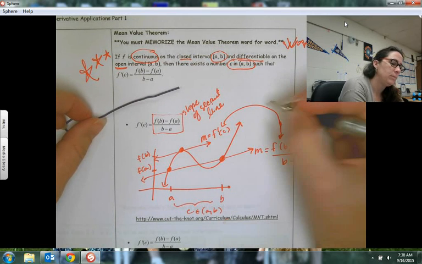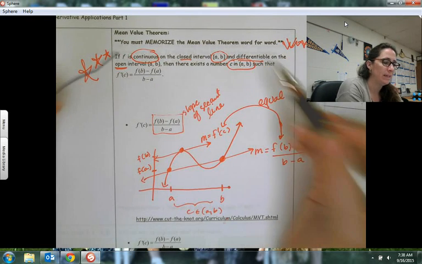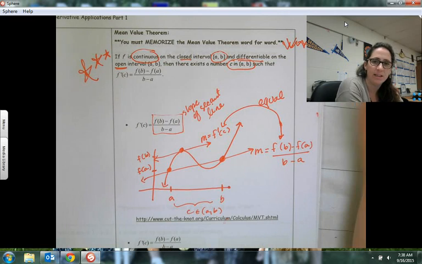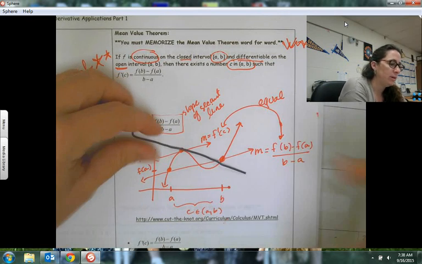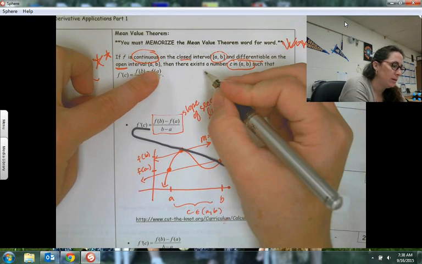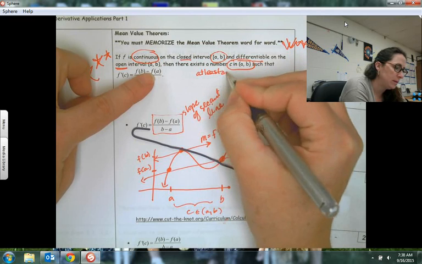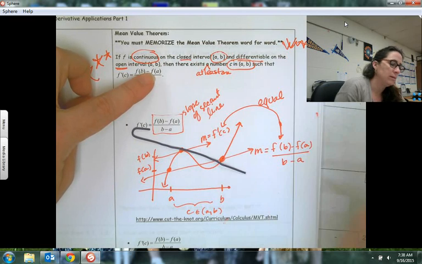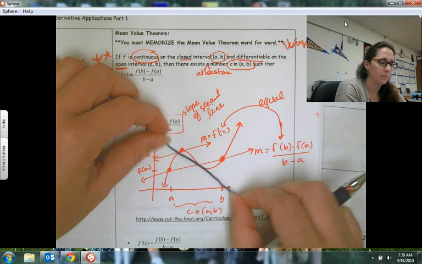Now, that can happen more than once. It just says that there is at least one c. At least one. So let's keep going here. So, nope, nope, nope, nope.